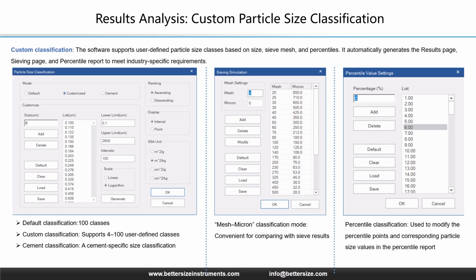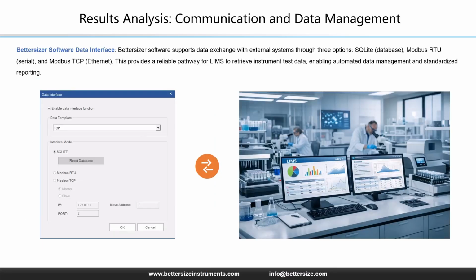In the era of Industry 4.0, a particle analyzer cannot be an isolated island. We engineered the 2600 Plus to speak the universal languages of laboratory automation. Circulate, Modbus RTU, and Modbus TCP.